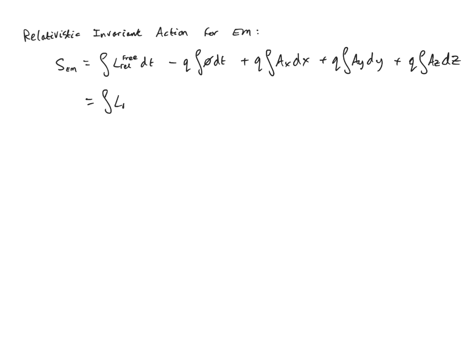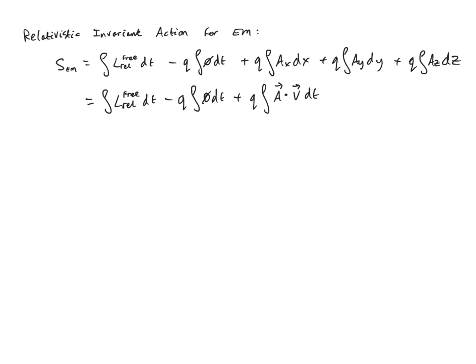and that object can be written in a slightly more concise way as minus q integral of phi dt plus q times the integral of the magnetic vector potential A dotted into the velocity v dt. So here I did a trick.